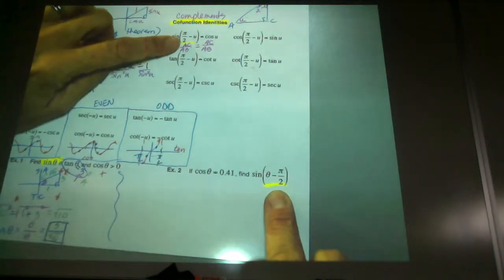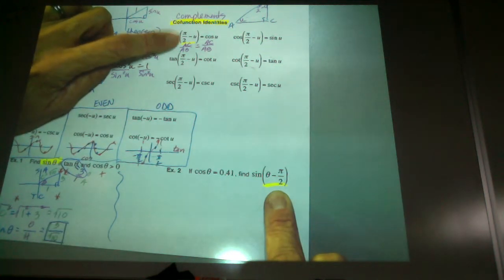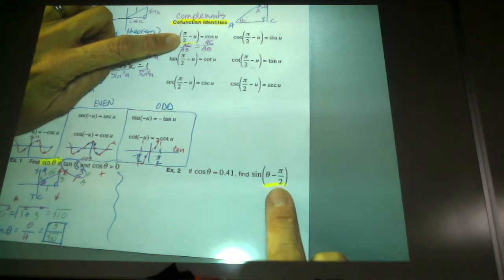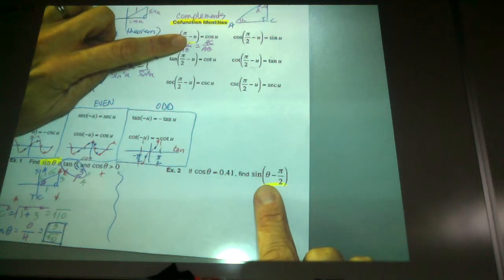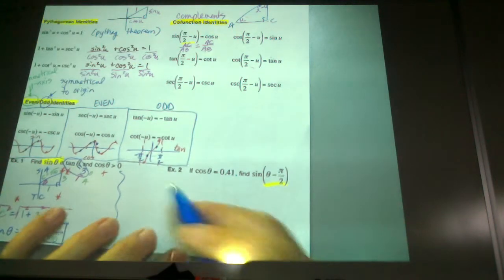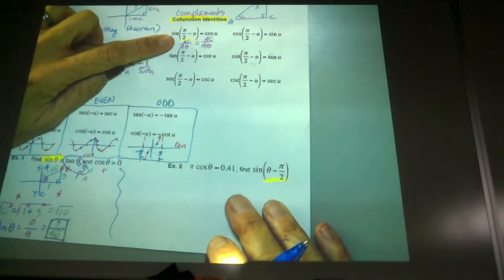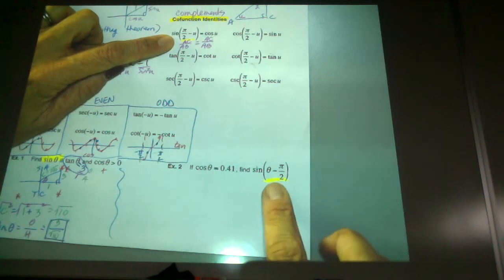How are they different? Pi over 2 here is negative, it needs to be positive. My theta, which is u, they're interchangeable. My theta is positive, it needs to be negative. Algebraically, how can I fix that? So I can't use this identity until they look identical.